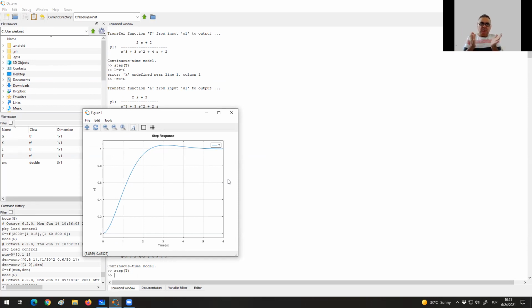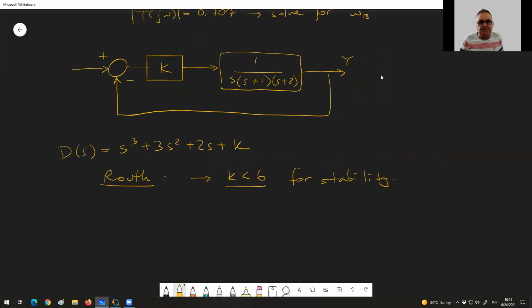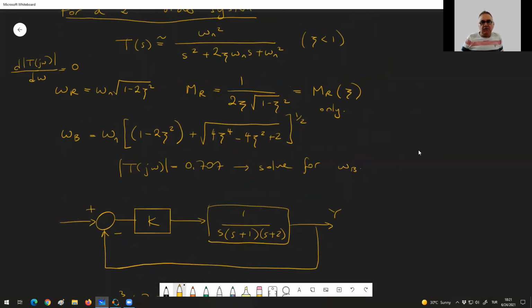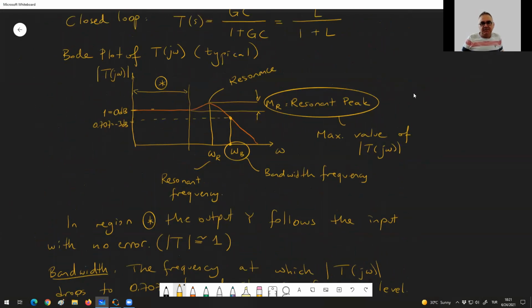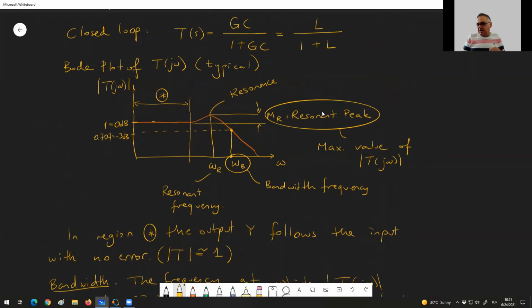Okay, so we use these quantities called bandwidth and resonant peak as specifications, as criteria to design our control systems. Just as we use settling time and so on, we can use bandwidth and resonant peak as criteria to design our systems.